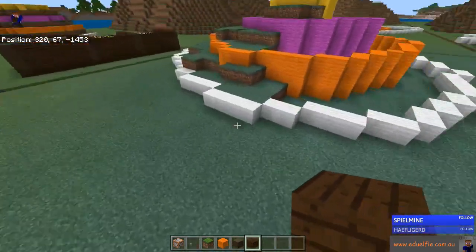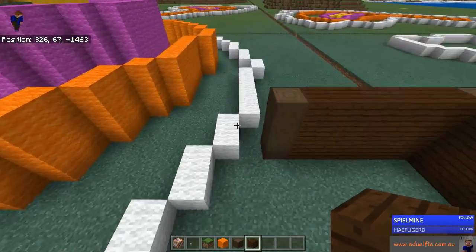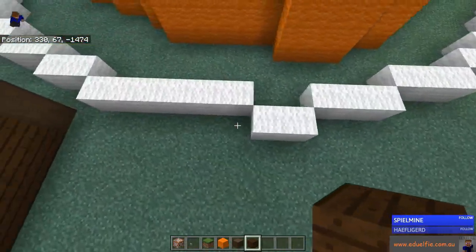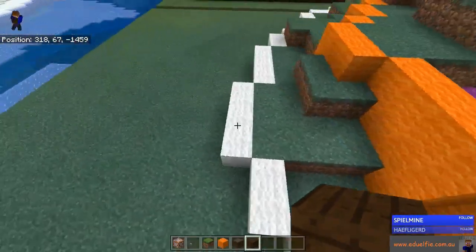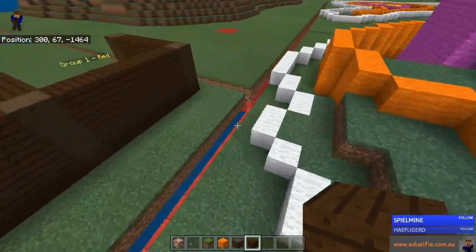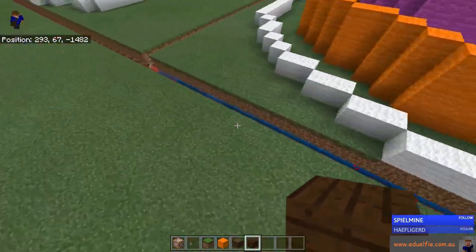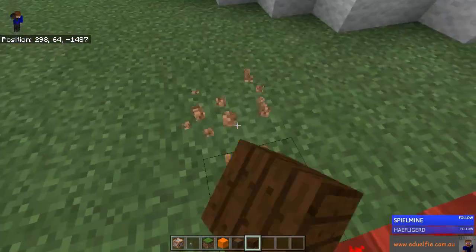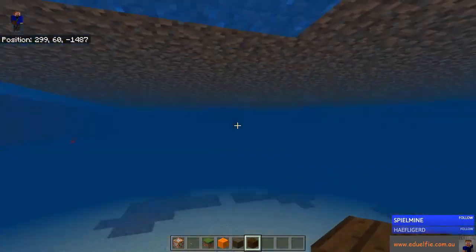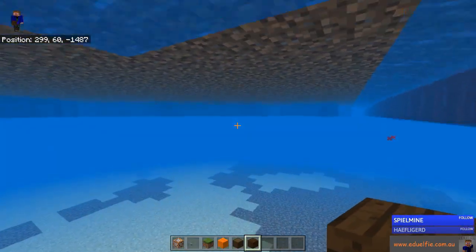I'm going to need some build allow blocks underneath this. Why are they not already there? What did I use this for? Yeah, so they're definitely not there.